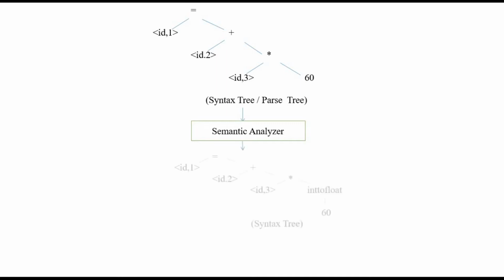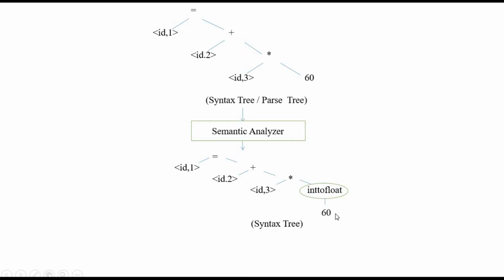So here you can show that there is one type checking, integer to float. You can easily understand that you can convert any type from smaller to larger type easily. So here it generates the syntax tree with its type checking, integer to float.